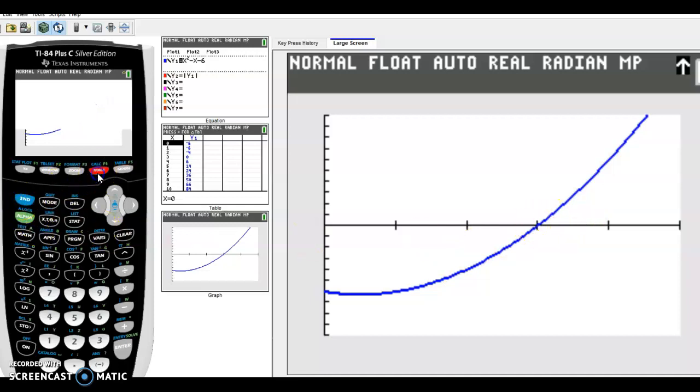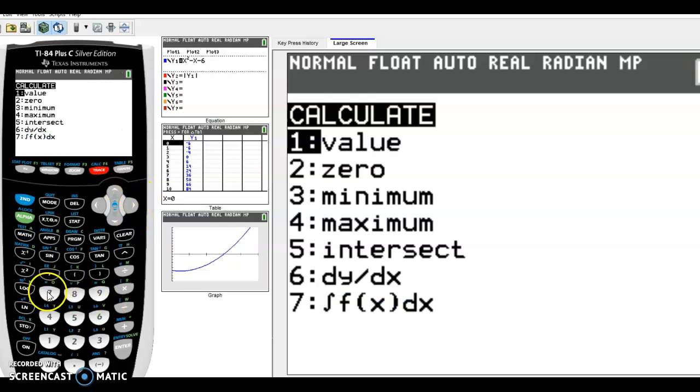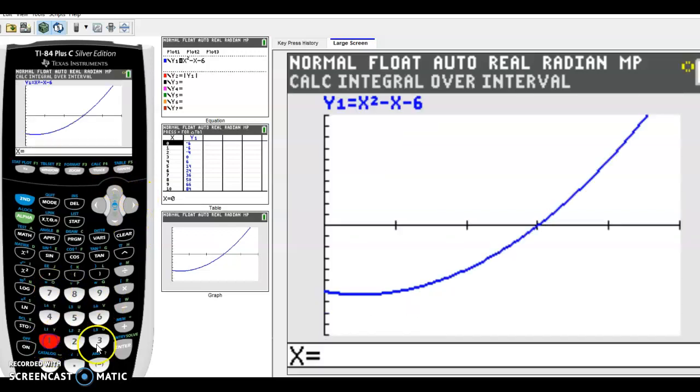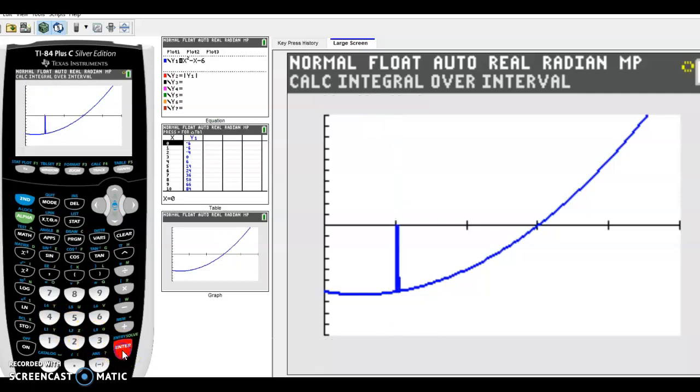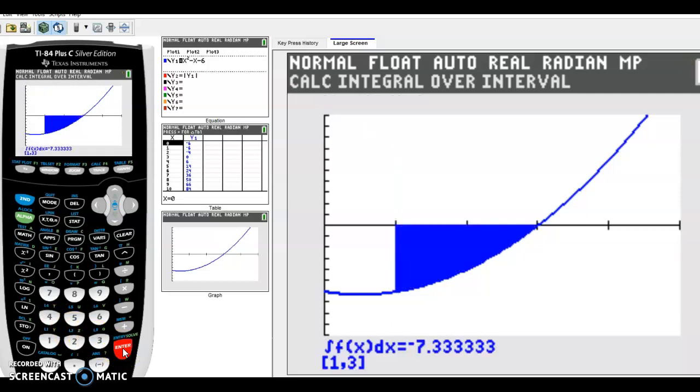I could say, let's take the integral from 1 to 3, and it'll shade in that region, and it gives me a negative value, which is negative 7 1/3, which makes sense.